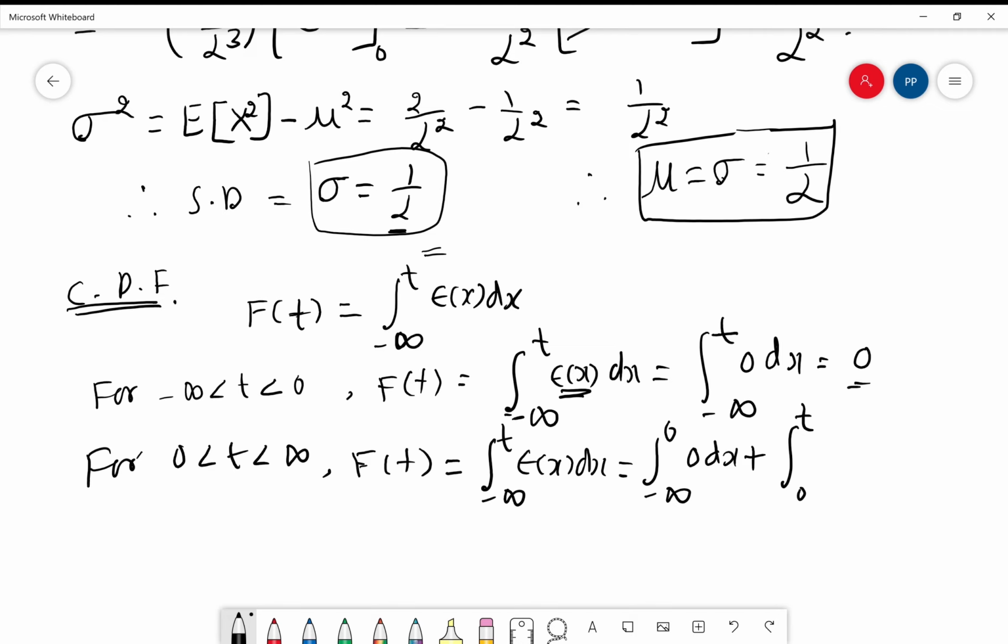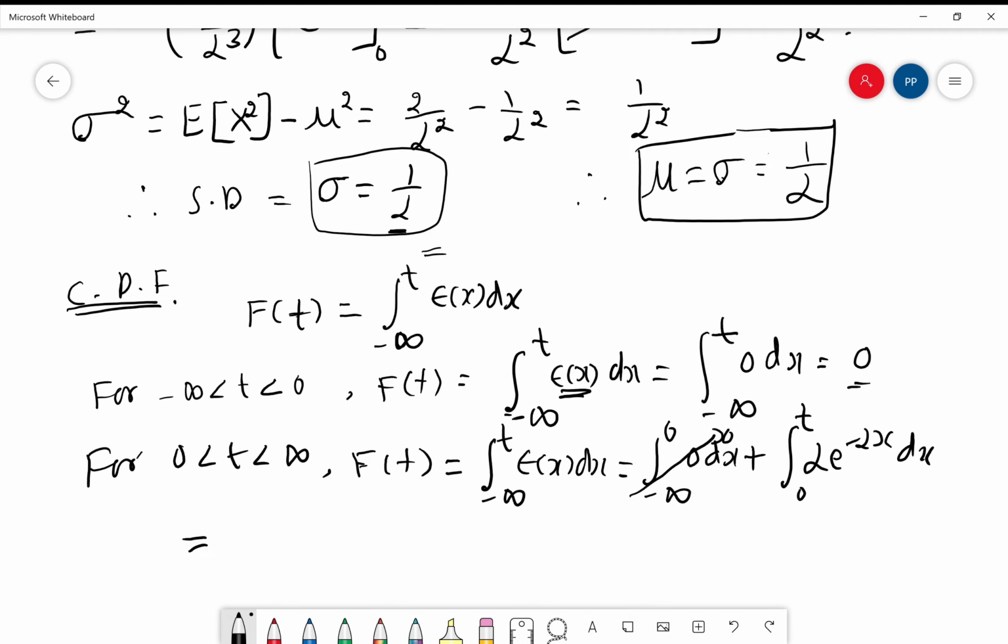In that case it is alpha e power minus alpha x there. Now the first integral vanishes. Evaluating the second integral, which is simple and straightforward, where alpha is a constant, take it outside.